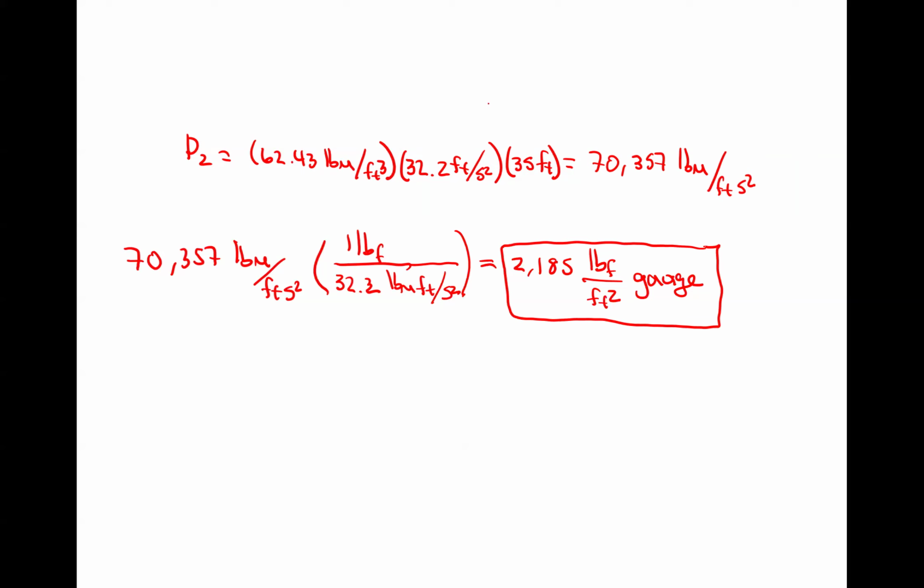So where does this come from? You see that 32.2 is actually the value of gravity. It's 32.2 feet per second squared. That's the same as 9.81 meters per second squared. In English units, it was accepted that a pound mass and a pound force would be the same number.